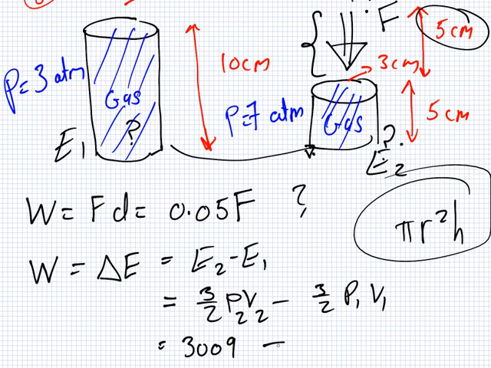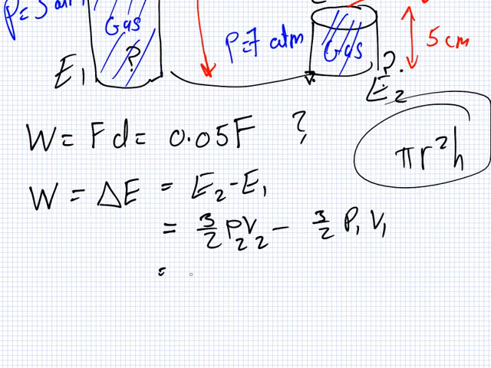Oh wait, hang on, that's wrong, sorry, let me fix that. I forgot my height is 10 centimeters. The height is 5 centimeters. The P should change unit, because the Pascal is kPa.